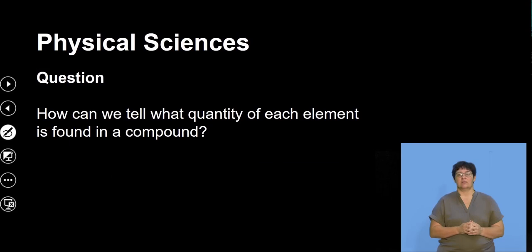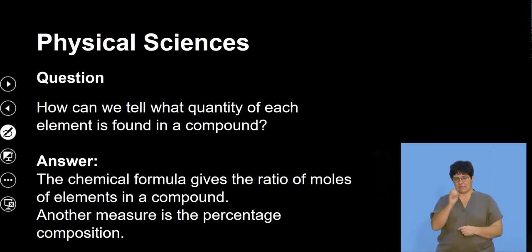Now the question is, how can you tell what quantity of each element is found in a compound? So we can think of expressing the amount or the quantity of each element in terms of percentages, right? The thinking is that the chemical formula gives the ratio of moles.